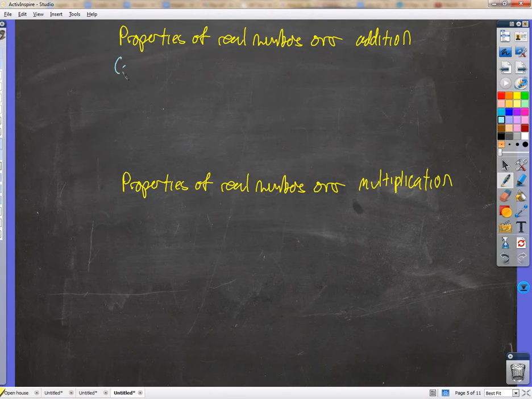We have commutativity. For real numbers A and B, if A and B are real numbers, then A plus B is equal to, what do you think I'll write on the other side of this?